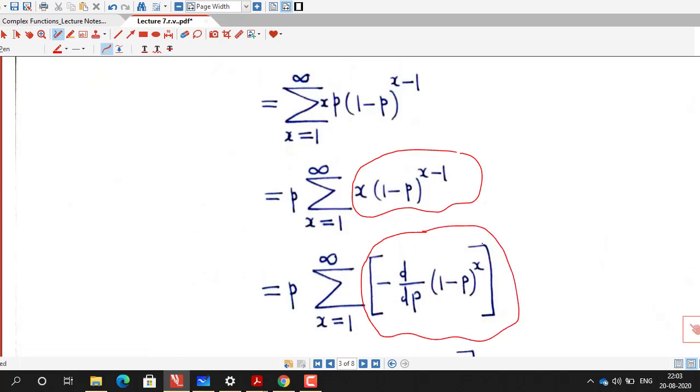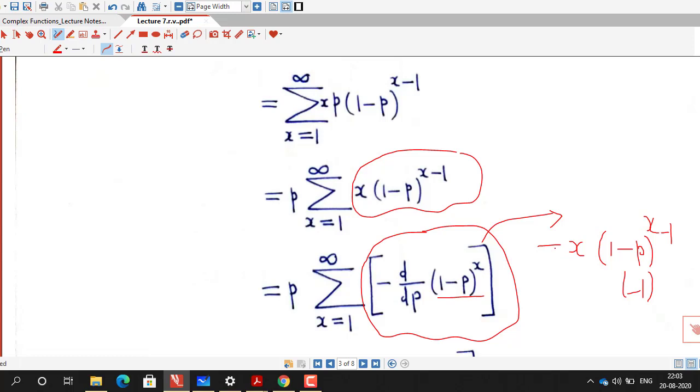Okay, you can see derivative of, if I take negative sign, and derivative of 1 minus p raised to x. So derivative of 1 minus p raised to x, derivative is with respect to p, is minus x into 1 minus p raised to x minus 1 into derivative of 1 minus p, that is minus 1.